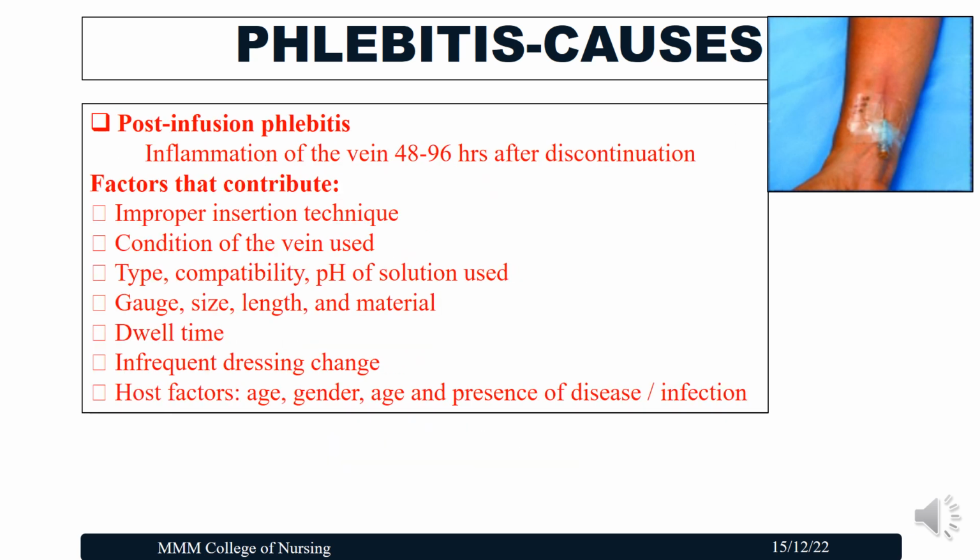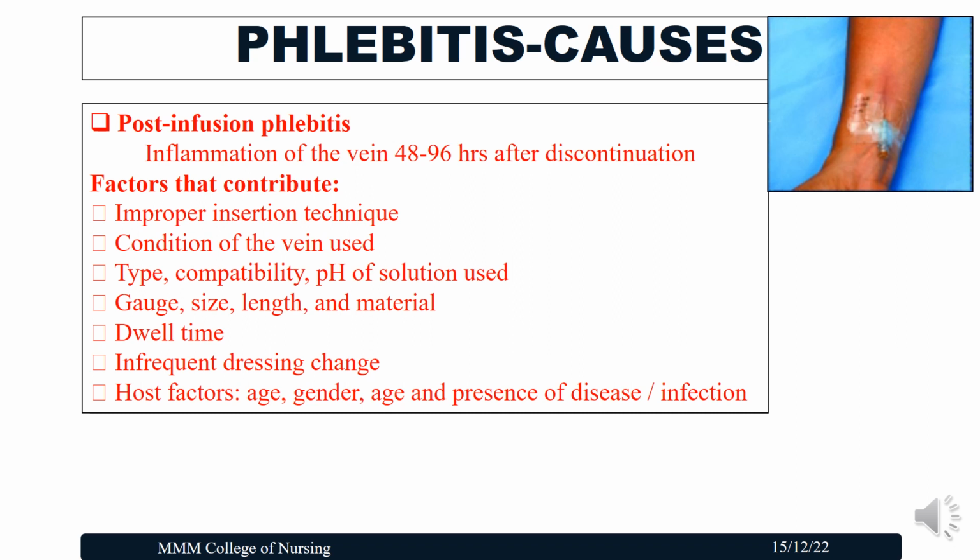The other cause is known as post-infusion phlebitis. So once the IV catheter has been removed, inflammation of the vein can happen within 48 to 96 hours after the discontinuation of this IV cannula. So that is known as post-infusion phlebitis.